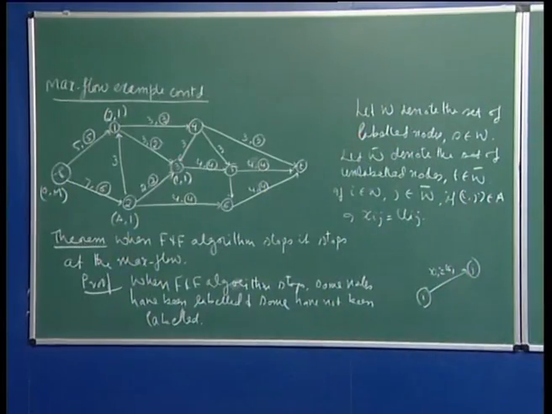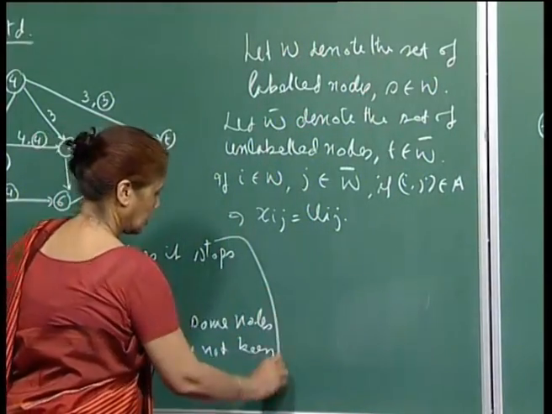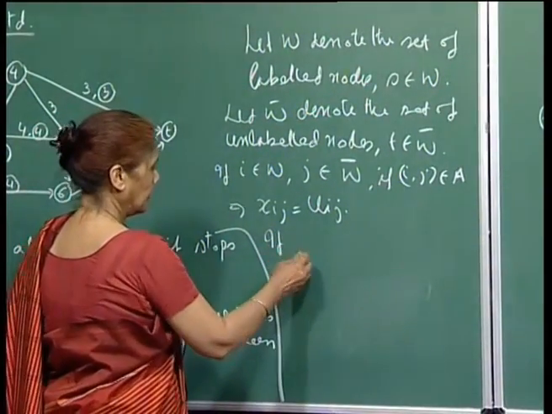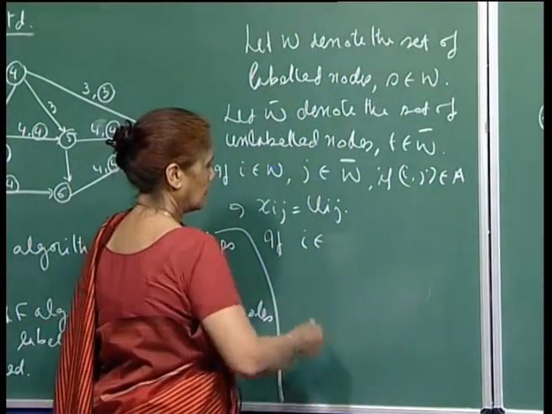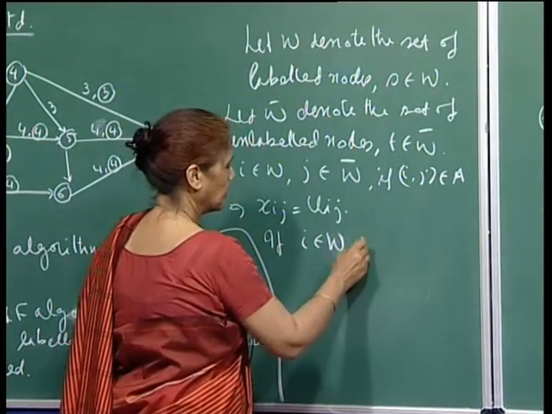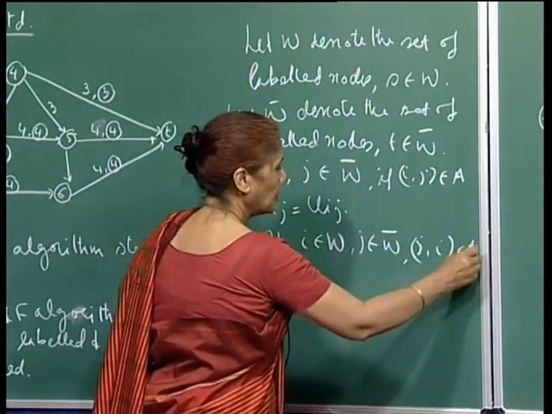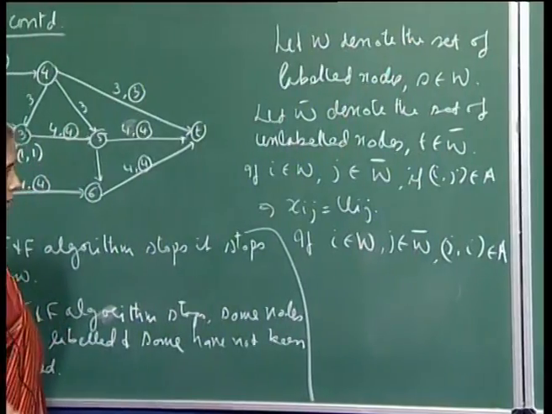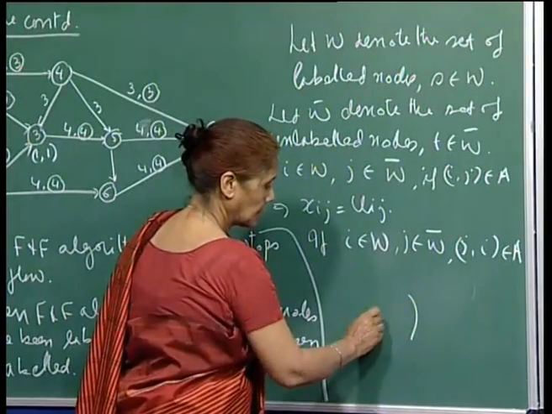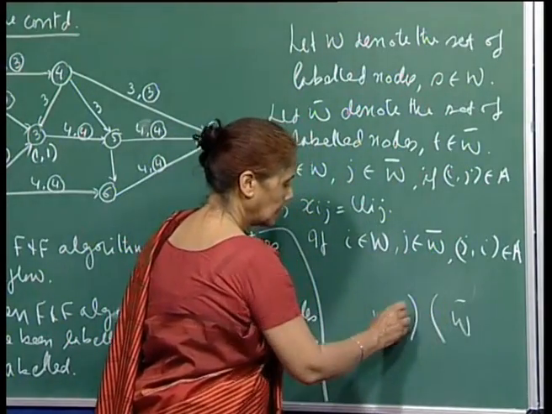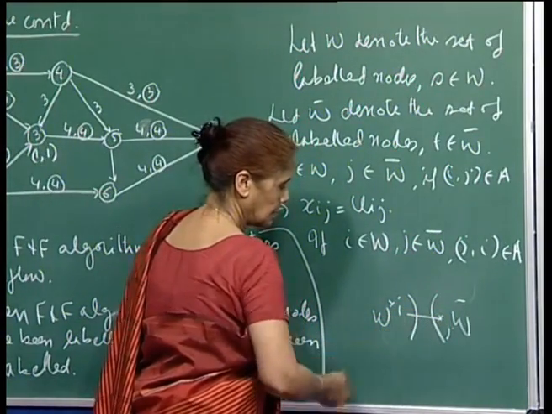Similarly, for the backward arc: if I belongs to W and J belongs to W bar and Ji is an arc in A. Here this is your W and this is your W bar, I is here and J is here, so you have an arc like this.